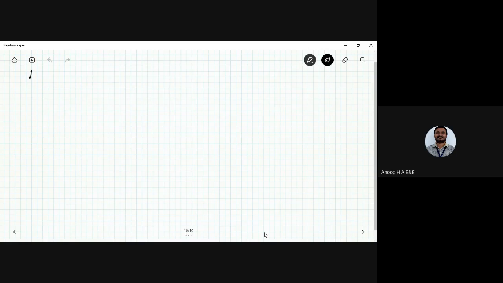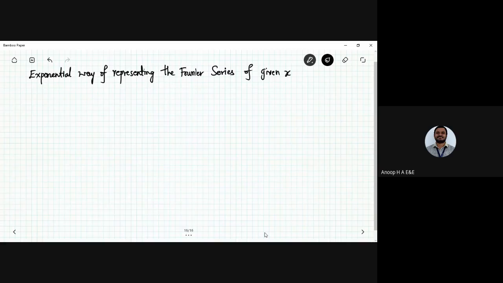I'll write it here: the exponential way of representing the Fourier series of the given x of t.